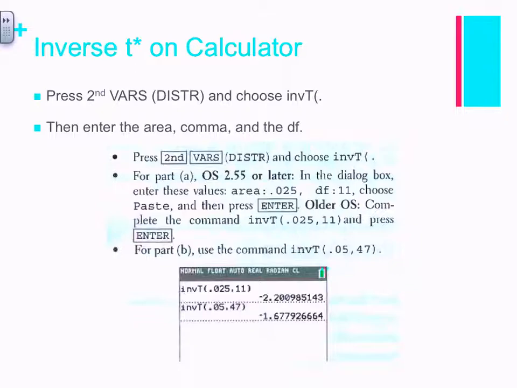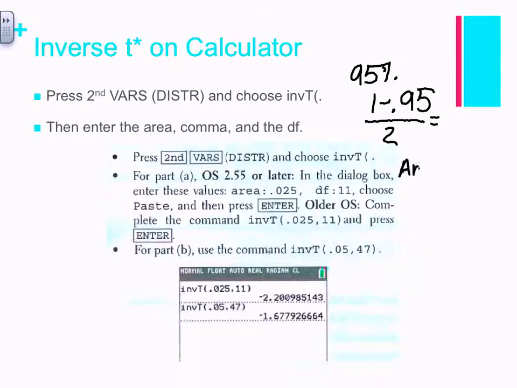Okay, so there is very much a connection between what you put into your calculator for your T critical value and what you put in for your Z critical value. So if I said to you that it was a 95% confidence interval, you would still do 1 minus 0.95 divided by 2.